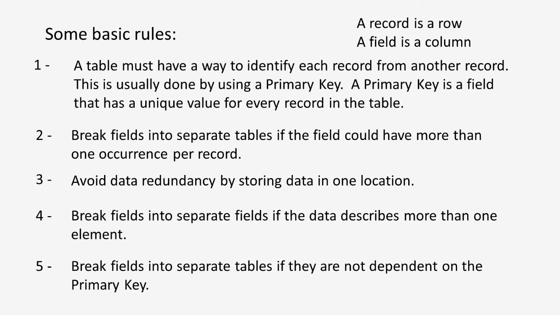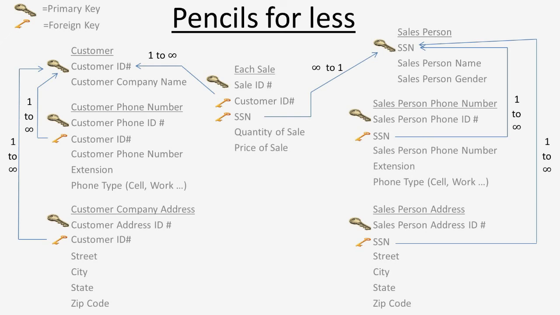So, rule number 5, break fields into separate tables if they are not dependent on the primary key. Now, we didn't cover this rule, but I'll explain how we are fulfilling it. If you take a look at our customer phone number, the customer phone number is related to the table name or purpose.